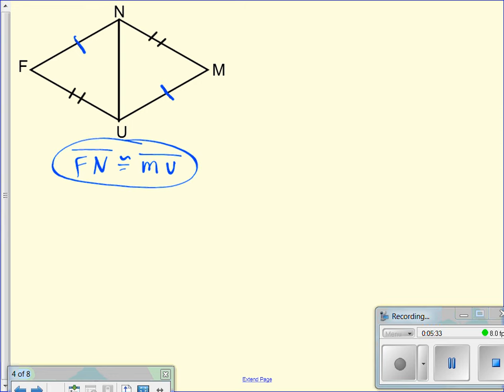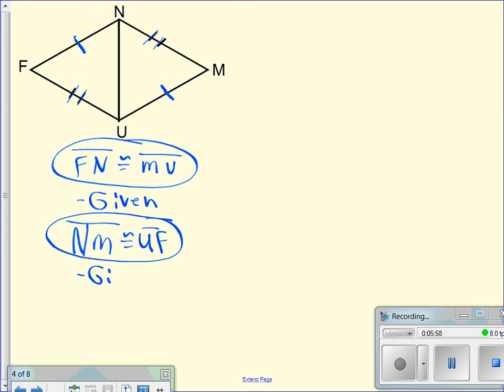And naming segments in whatever order, that's generally accepted. Either way is fine. FN and NF are the same. Given. Good. Another statement. This double and this double. Another given one here. So NM is congruent to, how about UF?